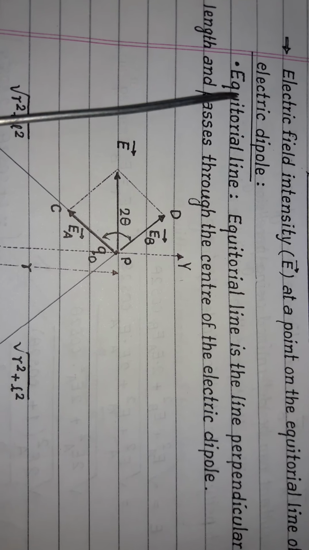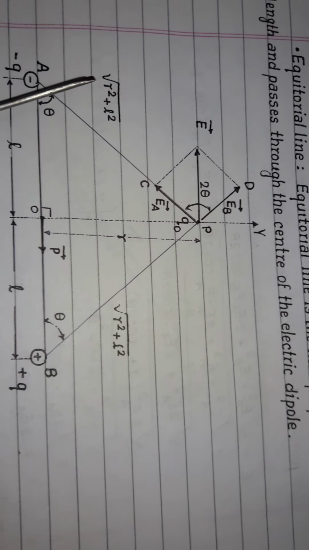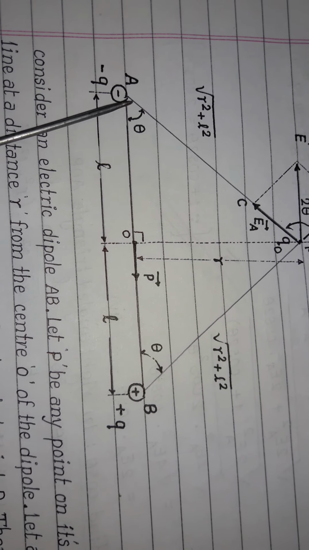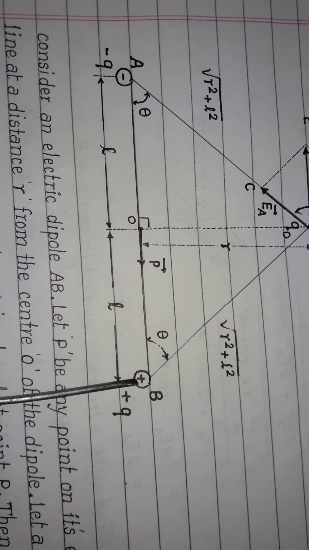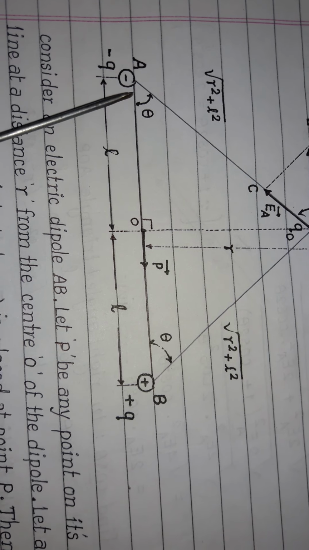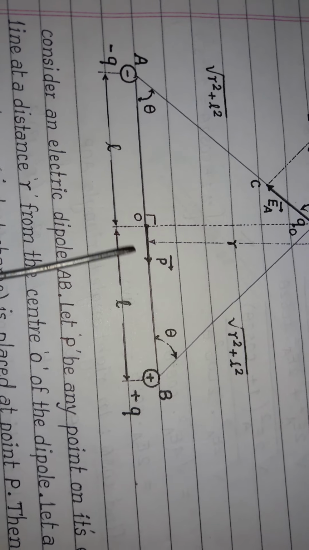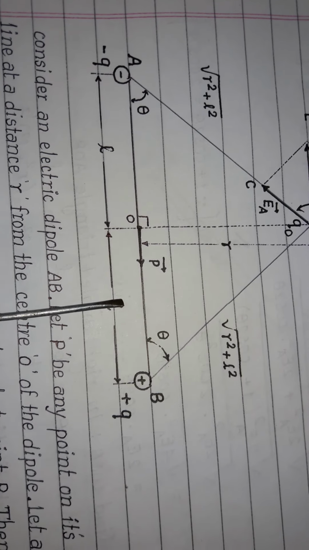So first of all, see what the equatorial line is. Let us suppose this is an electric dipole consisting of charge minus q placed at A and plus q placed at B, and this is the distance between A and B, total distance 2L, the dipole length.